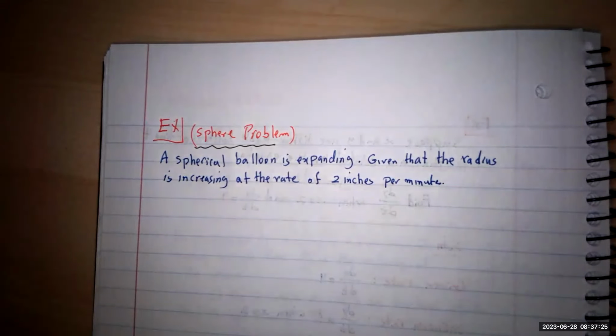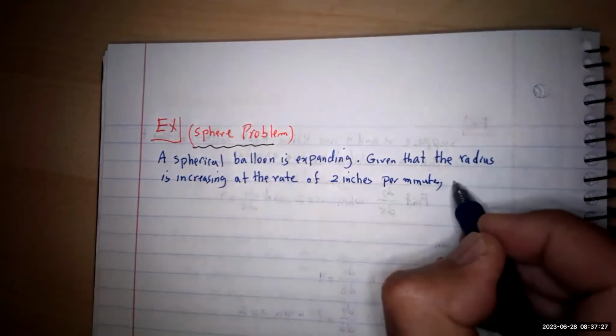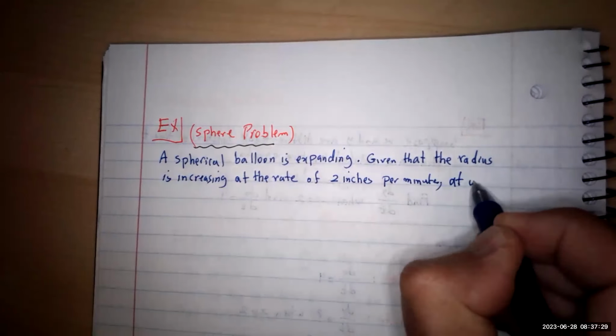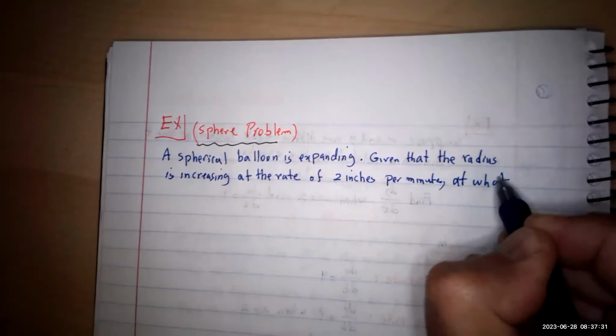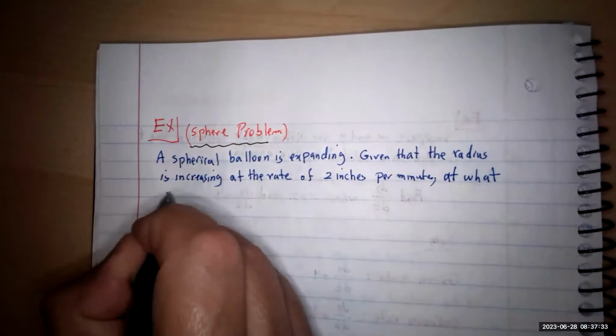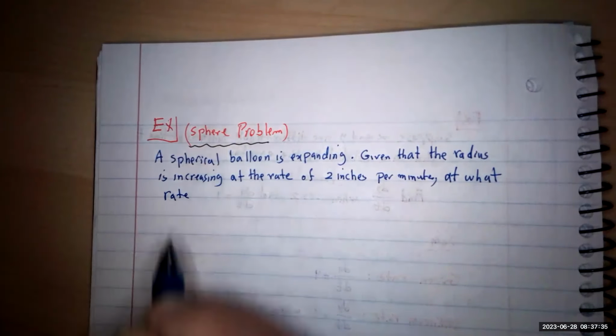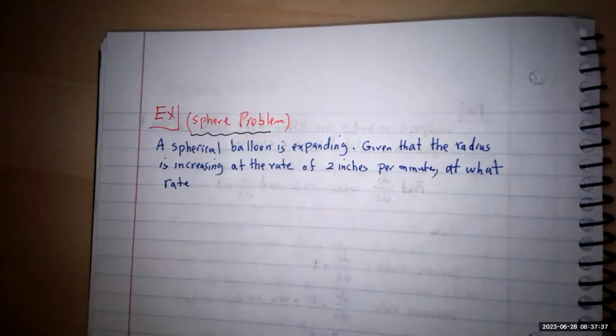Given this, now we want to know at what rate, since the radius is getting bigger and bigger, of course the volume gets bigger and bigger too. So at what rate? What's the velocity? What's the speed?